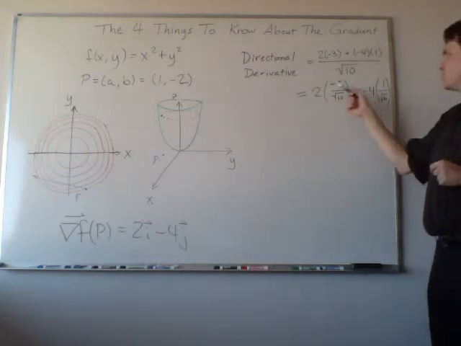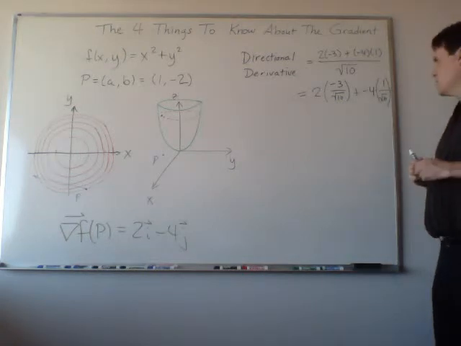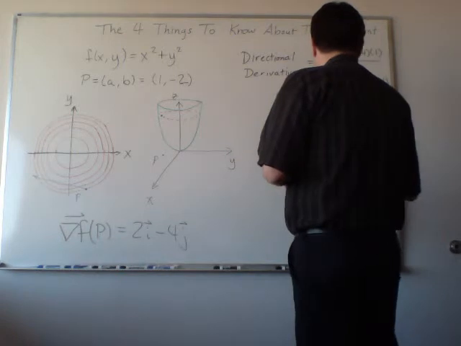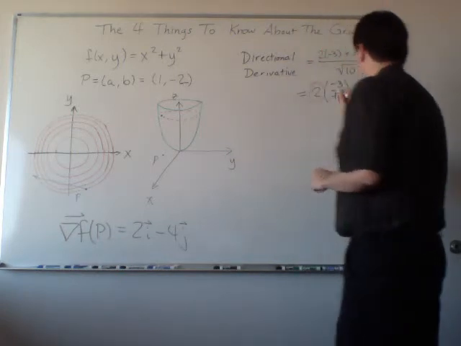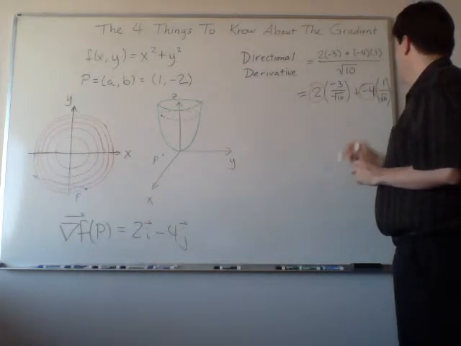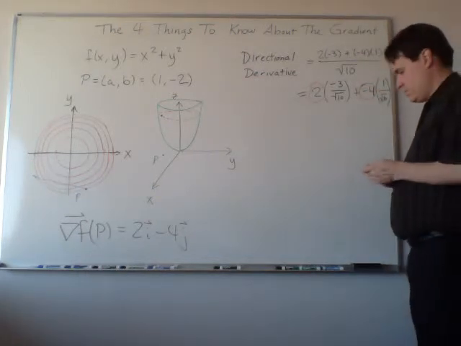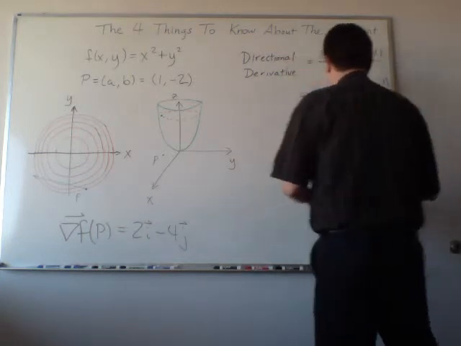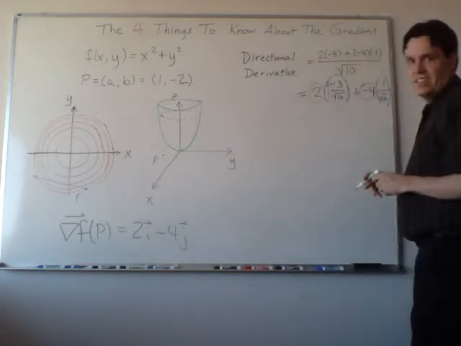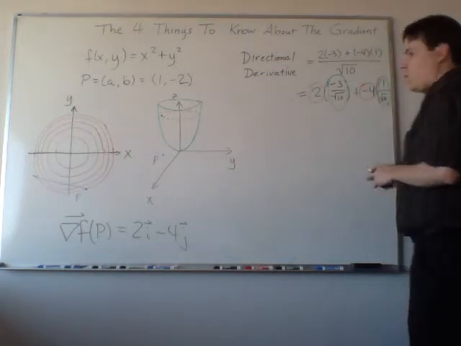But again, that's 2 times negative 3 over root 10 plus negative 4 times 1 over root 10.